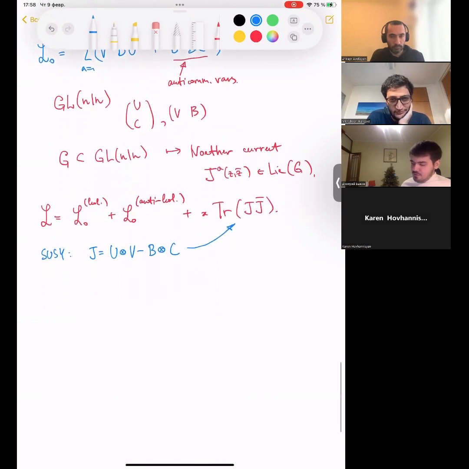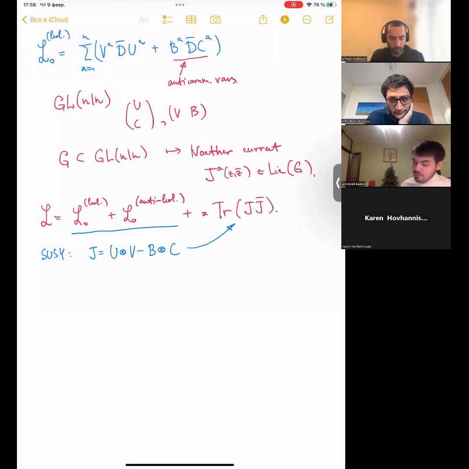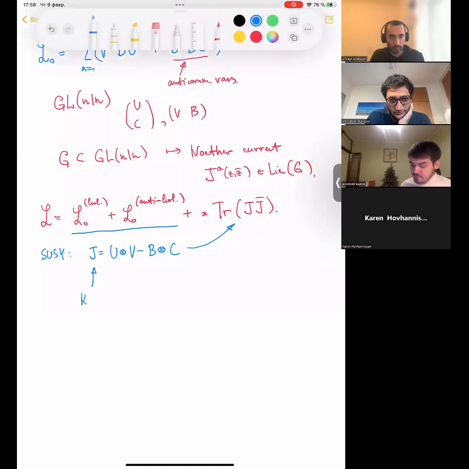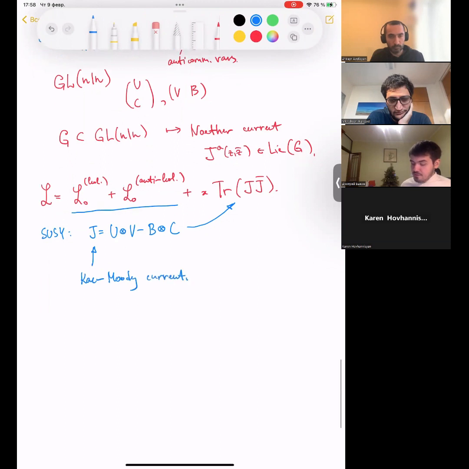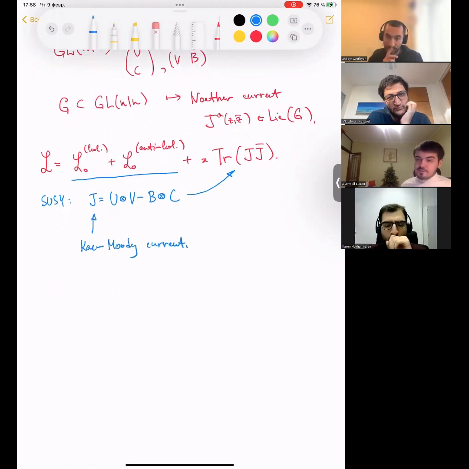And this is a perturbation of a free conformal field theory by an operator, and J is a Kac-Moody current of your free conformal field theory. The interesting thing is that it's a current at level 0.